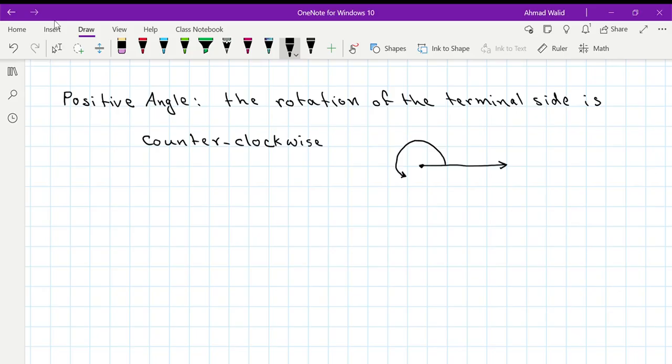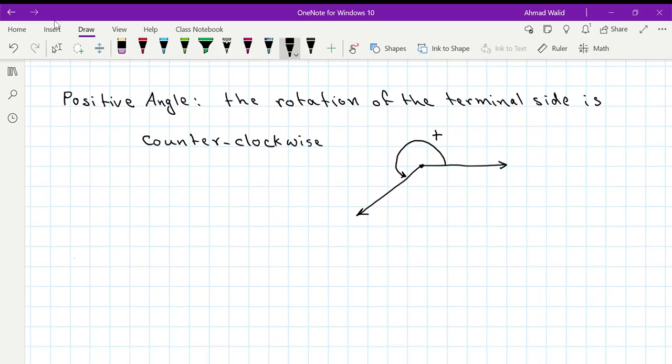You see, I'm going counterclockwise. If my rotation is counterclockwise, I call this a positive angle. Theta, beta, alpha, gamma, whatever name you use for your angle, that's a positive angle.